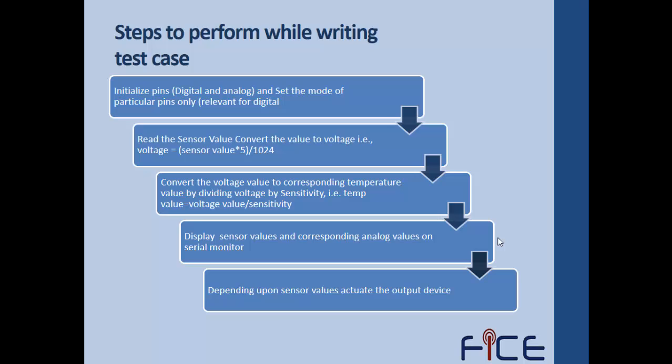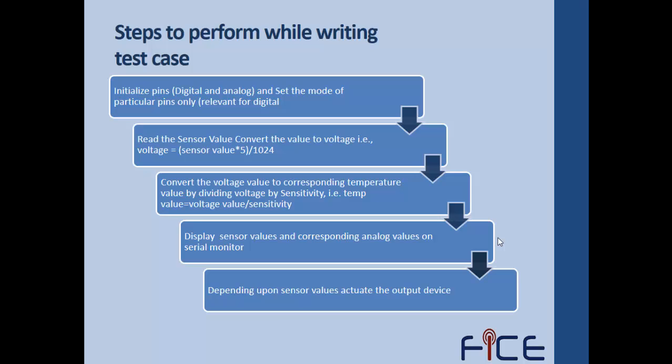In the first step, we initialize the pin, either a digital pin or an analog pin. We have to initialize them, either as input or as output, with the pin number. So here we will also set the mode, which will be output or input.